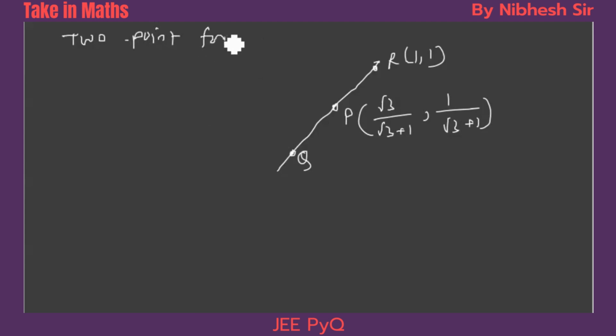The two-point form is y minus y1 equal to the slope into (x minus x1).